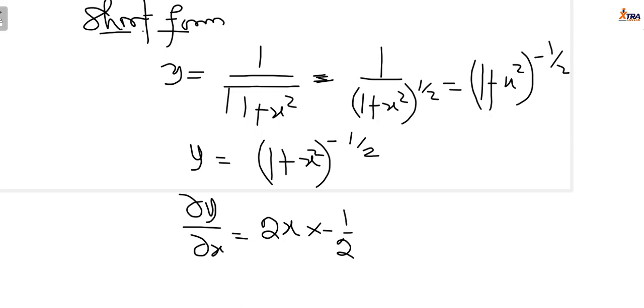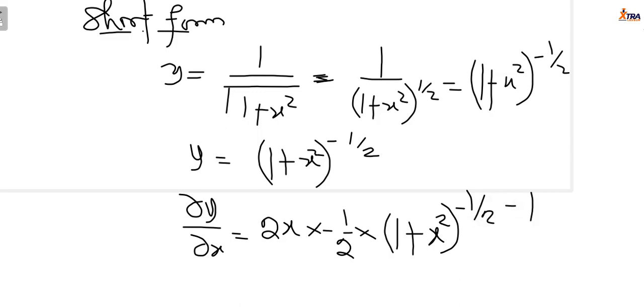Now you repeat this again, that is times, repeat it, 1 plus x squared, minus 1 over 2, then you deduct 1.